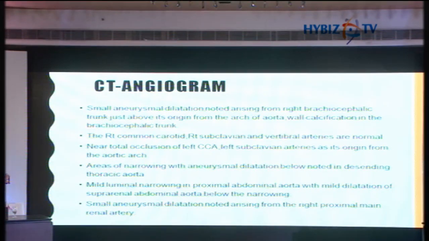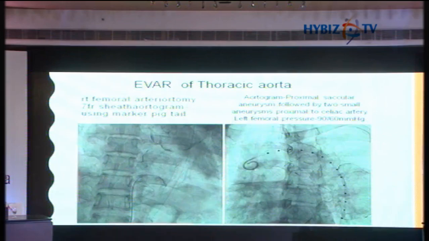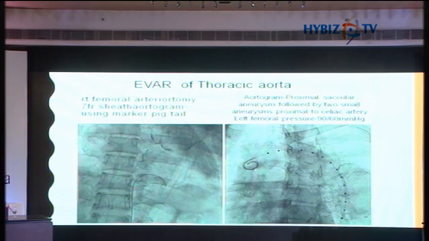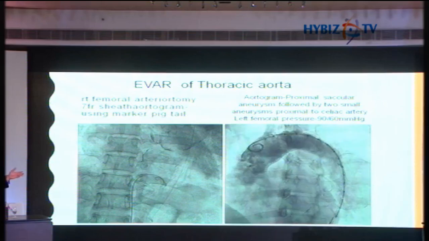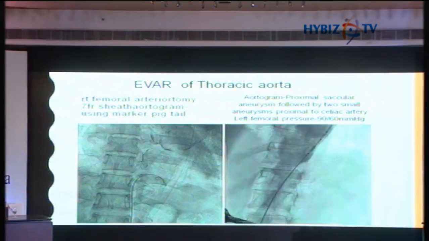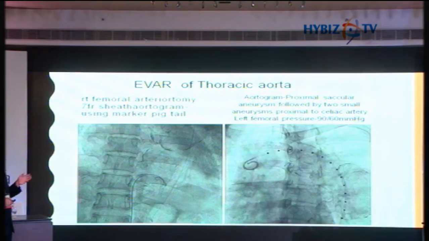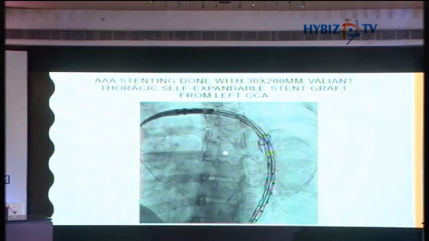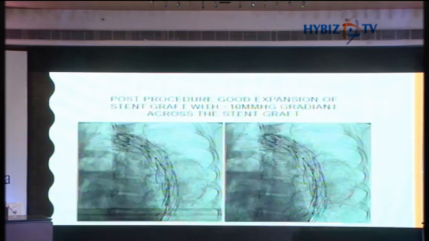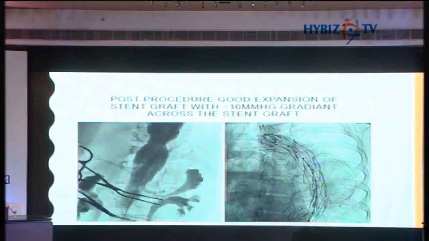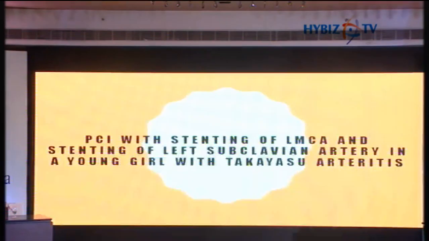Renal failure was controlled, and subsequently we thought we'd put a stent graft for this lady, as the maximum diameter of the aneurysm was almost 7. So this is the stent grafting. Now this is excluded, and the patient was doing well.